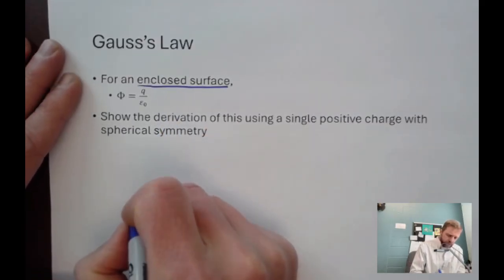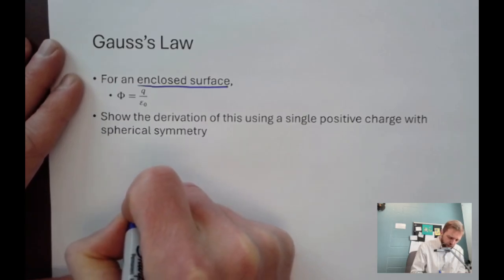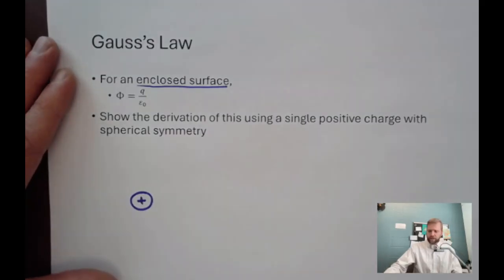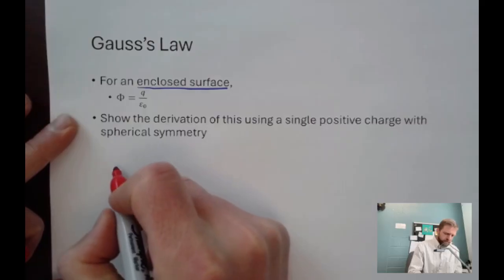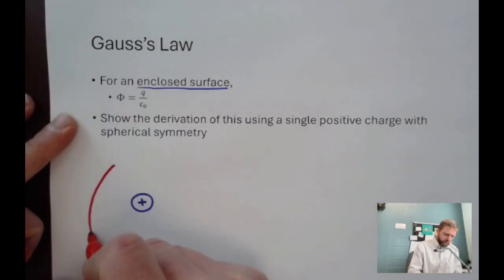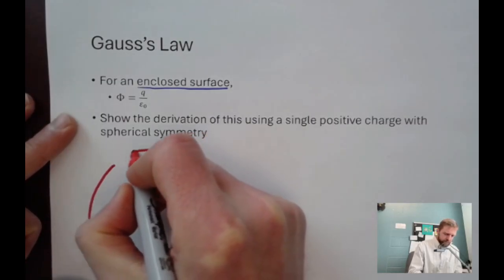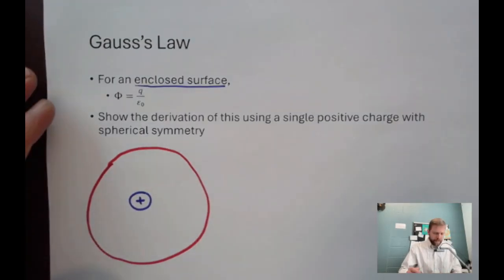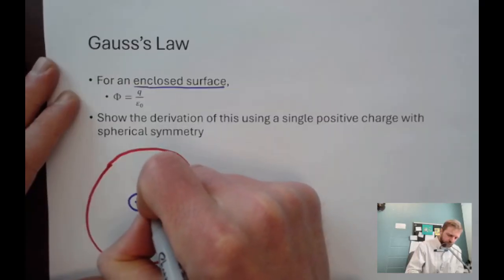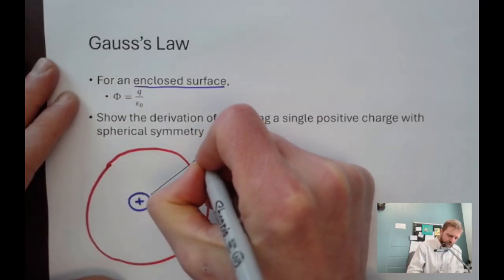Okay, so if we take a single positive charge and we want to look at this at some radius, imagine that's a perfect sphere. And we know that the electric field lines point straight out like this.